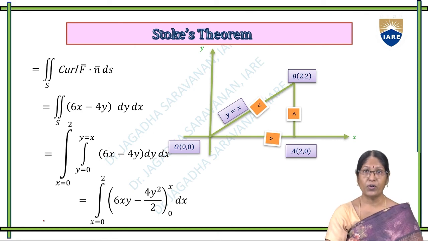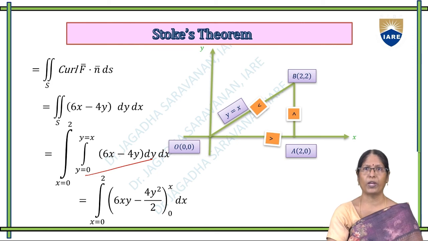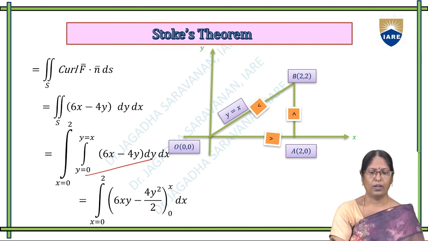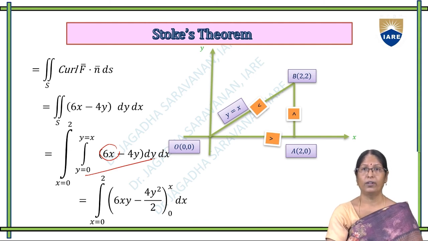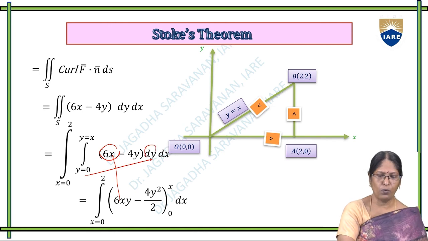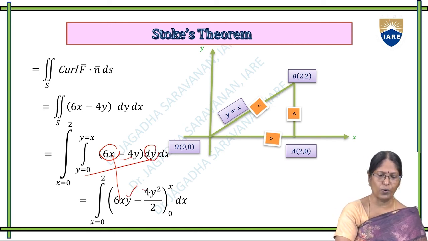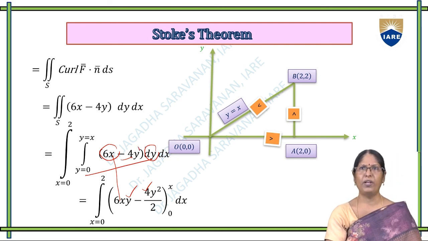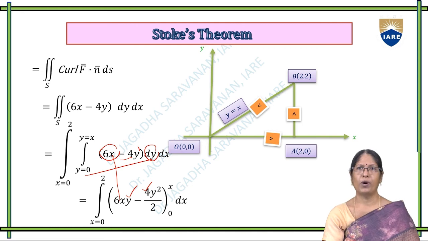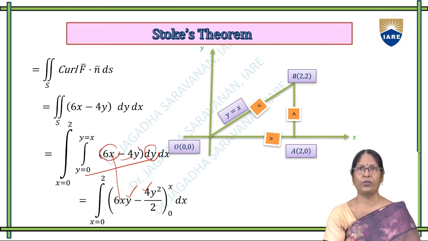Integrating with respect to y, 6x is written as it is, so the integral of dy is y. Minus 4 is written as it is, and y power 1 dy is y square by 2.